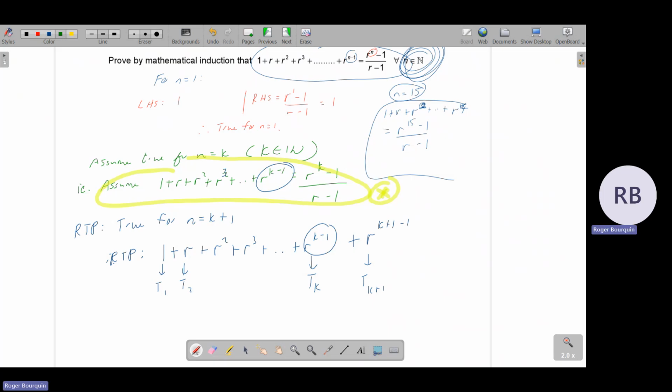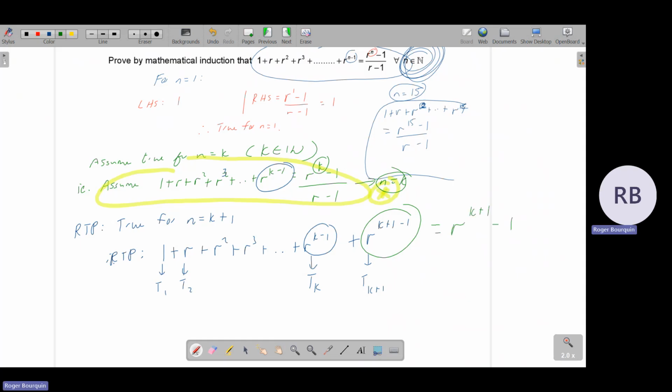And then it's equal. And we're trying to prove it equal to what, Emma? Careful, we prove it true for n is equal to K plus 1. So this is for n is equal to K. So for n is equal to K plus 1, what's it going to be?